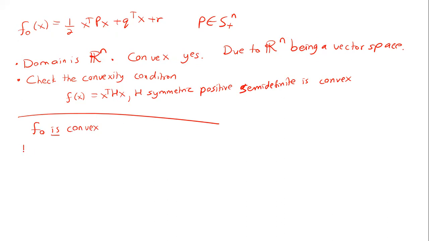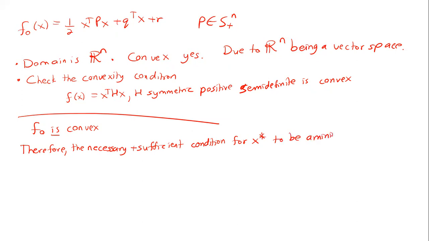And so then we need to say, therefore, the necessary and sufficient condition for x star to be a minimizer of f0 is that the gradient of f0 at x has to equal 0.